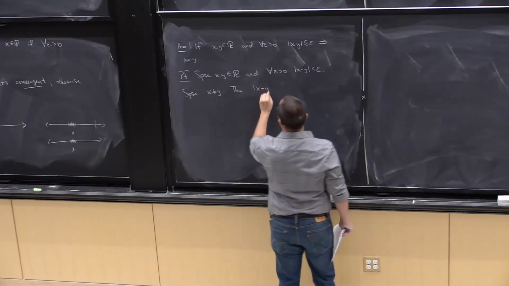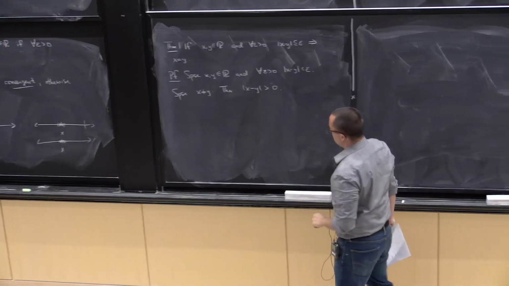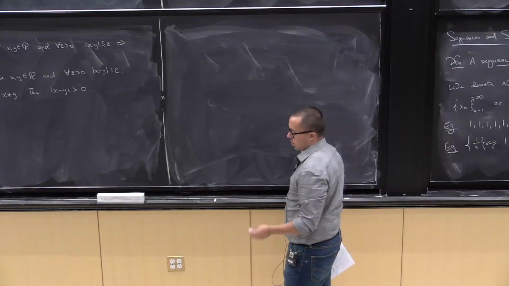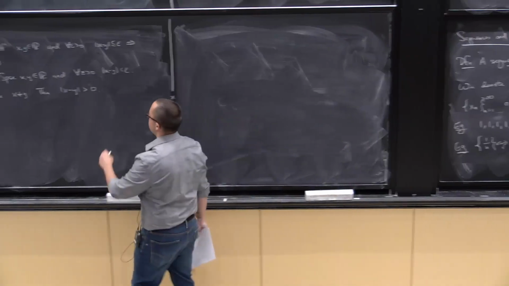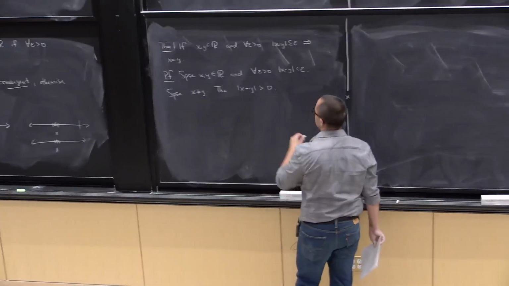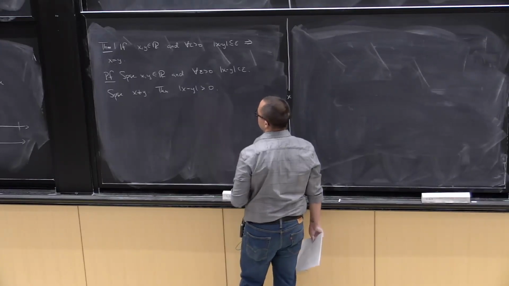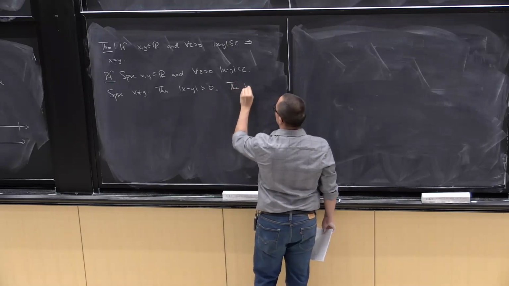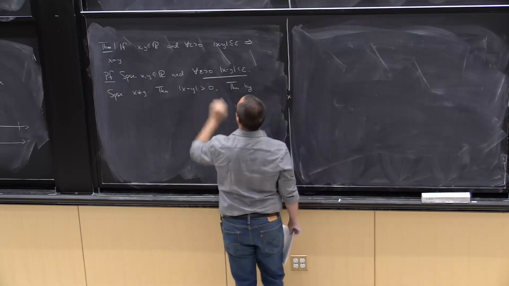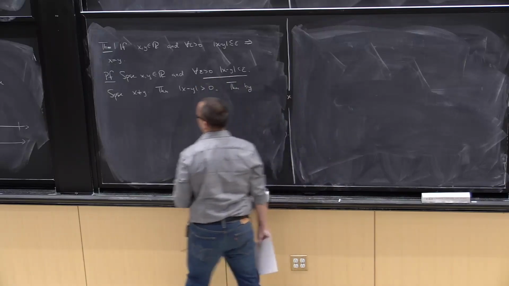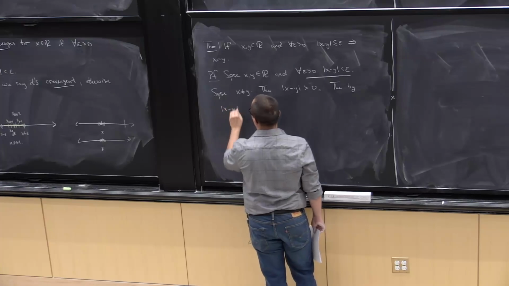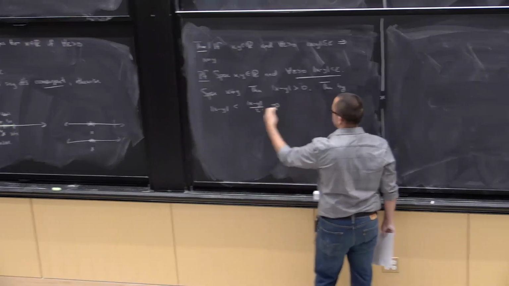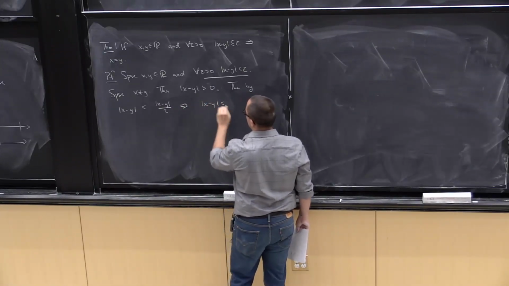Then remember we proved that the absolute value of something is 0 if and only if that thing is equal to 0, and it's always non-negative. So x not equal to y means the absolute value of x minus y is bigger than 0. Then by this assumption, for epsilon equal to the absolute value of x minus y over 2, I get the absolute value of x minus y less than the absolute value of x minus y over 2, which implies if I just subtract that over, the absolute value of x minus y over 2 is less than 0.